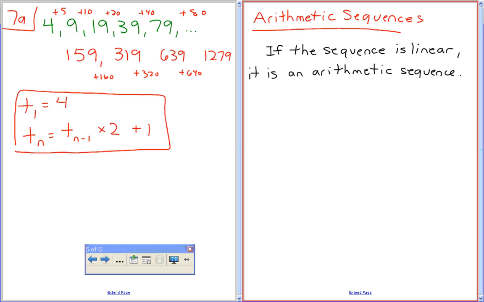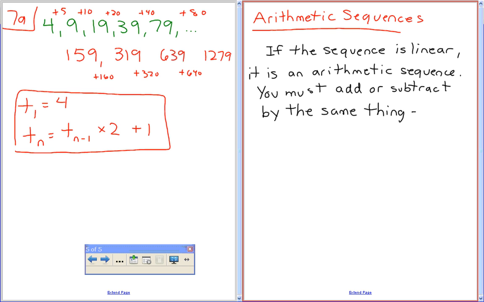What that means is you must add or subtract by the same thing each time, called the common difference.